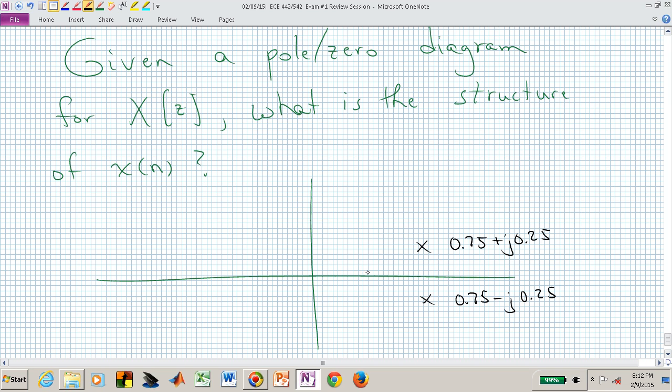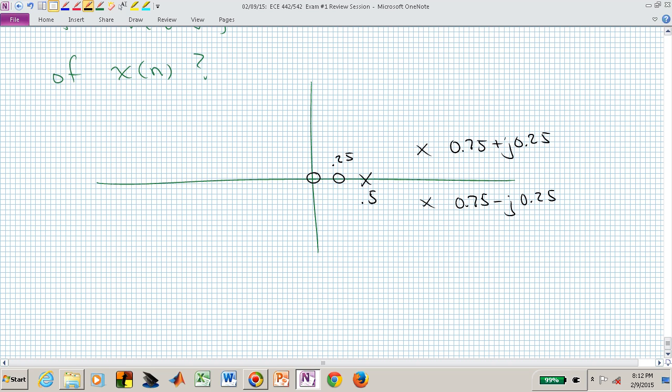And suppose we have another pole at 0.5, and maybe we have a zero at 0.25 and a zero at the origin. Could you give me the transfer function for capital X of z if I say don't worry about the gain? I'll just give us a numerator gain of alpha. Can you write down the transfer function now for capital X of z?